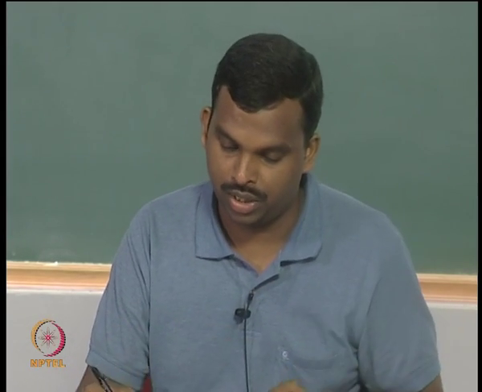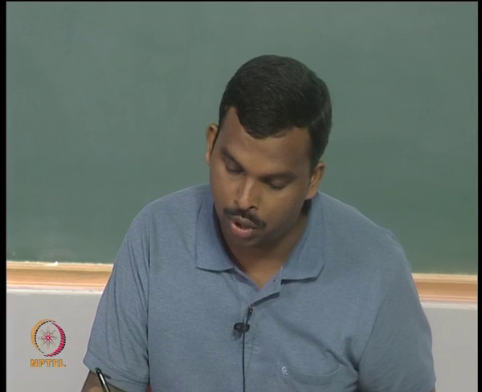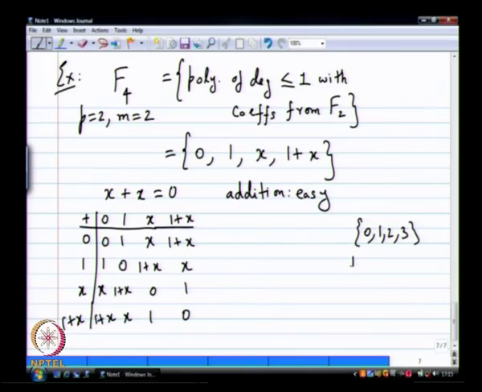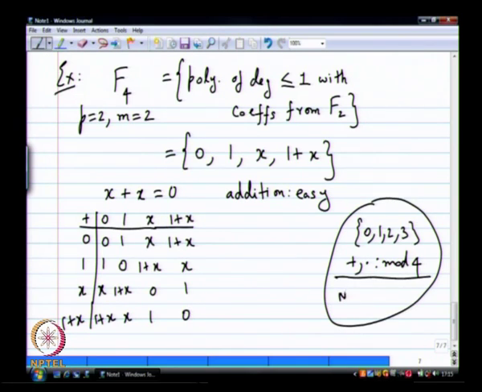Okay, so the question was, is this a field? 0, 1, 2, 3 with addition and multiplication mod 4. It's not a field. The reason is 2 does not have a multiplicative inverse.